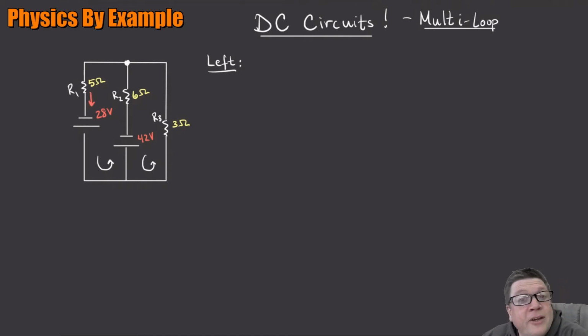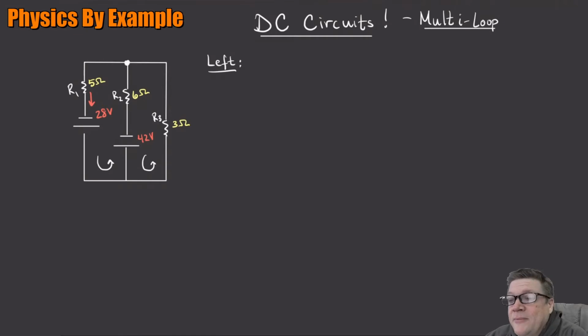I don't know if it is or not; we're going to find out. If I choose any one wrong, and it's actually going the other way, I'm going to get a negative answer, which is totally fine. That just means I picked the wrong direction, but I'll get the right magnitude. So it doesn't matter what you write down, as long as you're consistent.